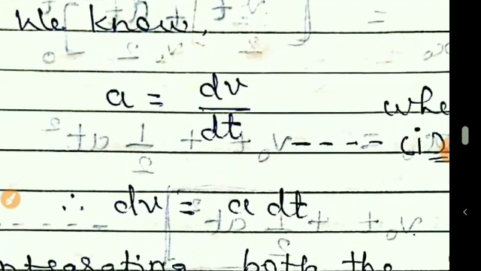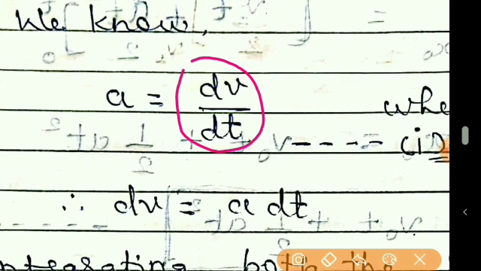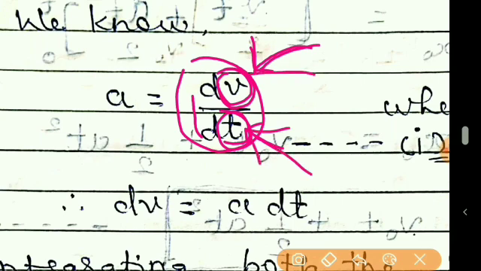Now students, this can be read as d by dt of v, or differentiation of velocity with respect to time. Here the function is time, so velocity is a function of time, meaning velocity changes according to time.